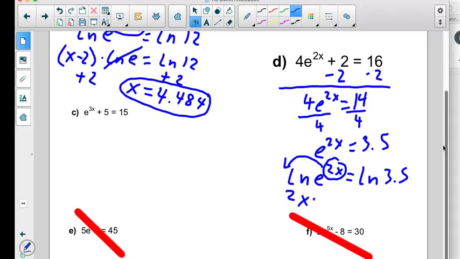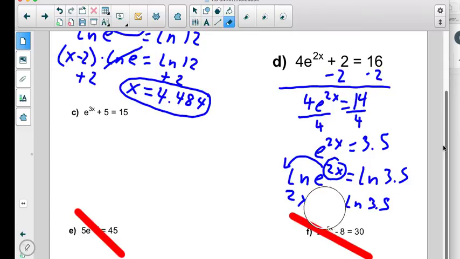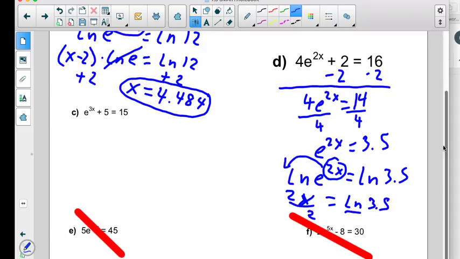And then we're left with the natural log of 3.5. And then to get x by itself, all we have to do is divide by 2. So what do you get for your final answer? 0.626.